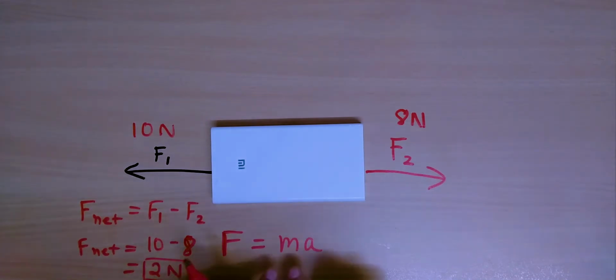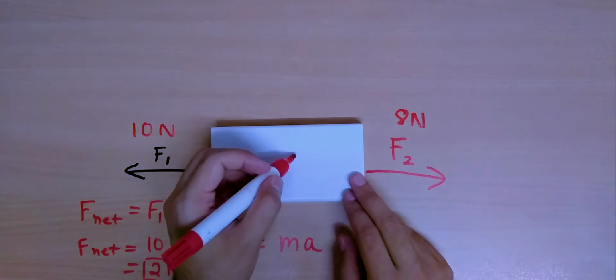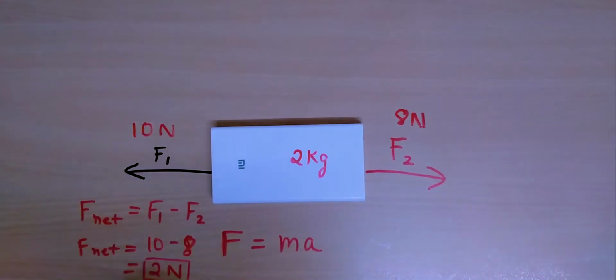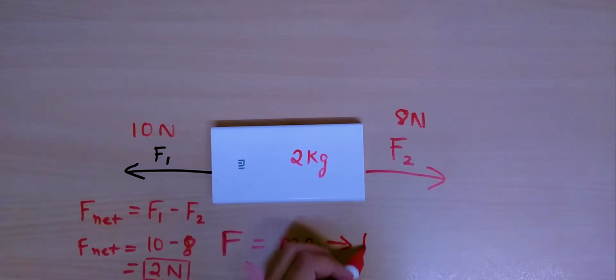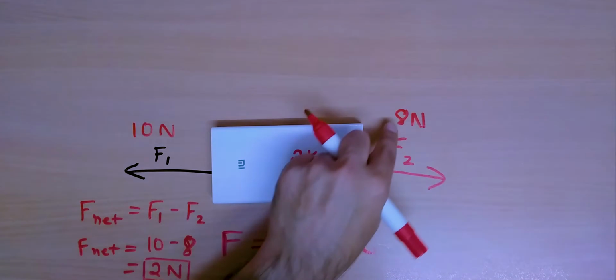So if, let's say, the mass of this particular power bank is 2 kgs, I know it won't be that heavy, but let's assume it's 2 kgs. Now if I apply Newton's second law to this, the force here is 2 newtons. Remember, it's a net force, so I'll take 2 newtons. I won't take 10 newtons. I won't even take 8 newtons.